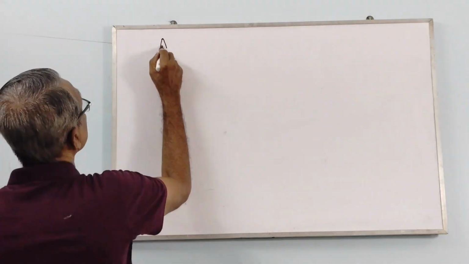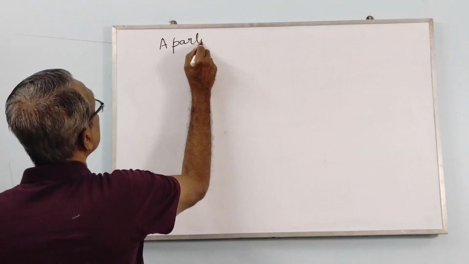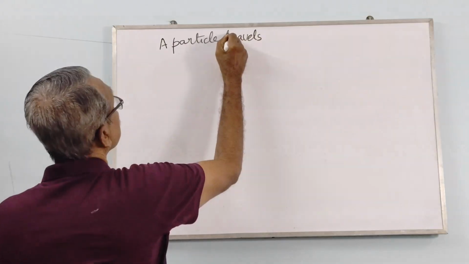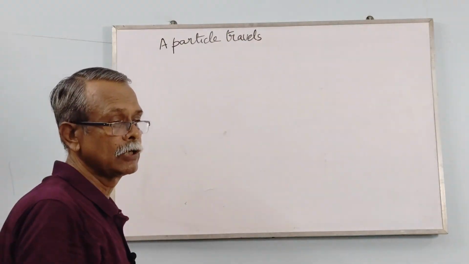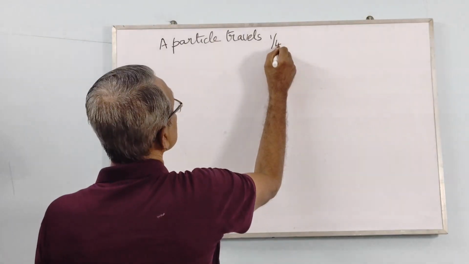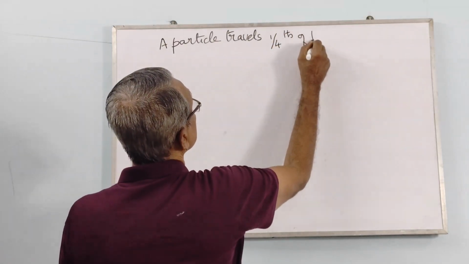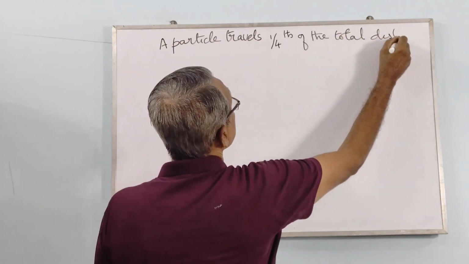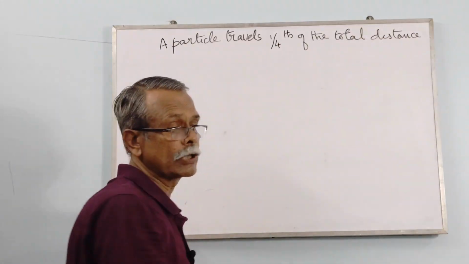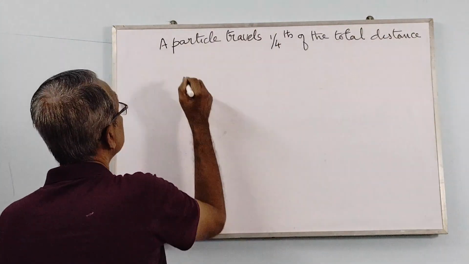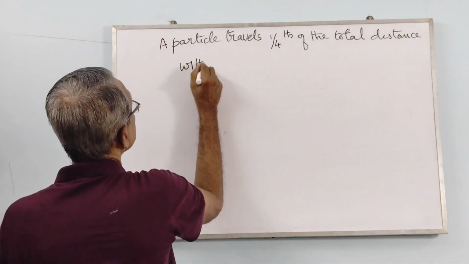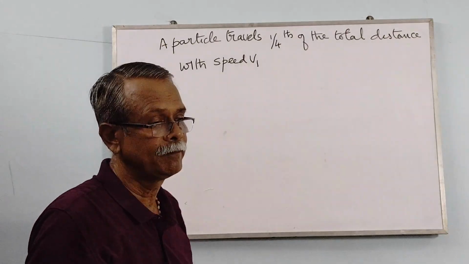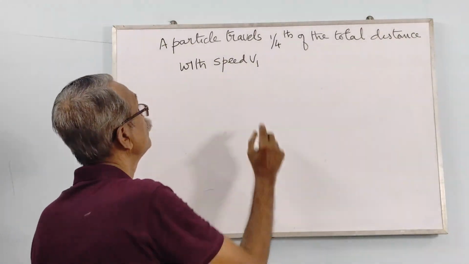A particle travels one-fourth of the total distance with a speed v1 and the remaining part with speed v2.